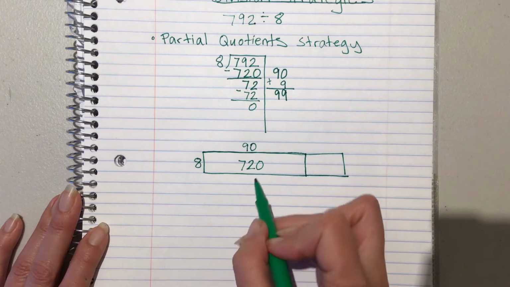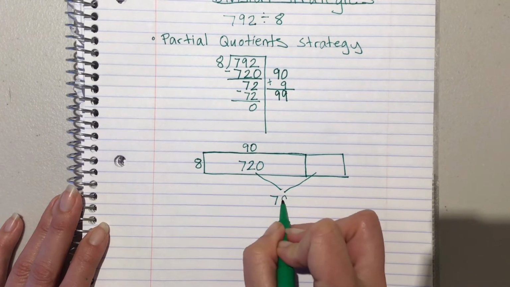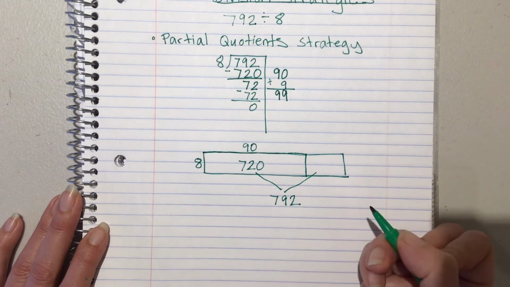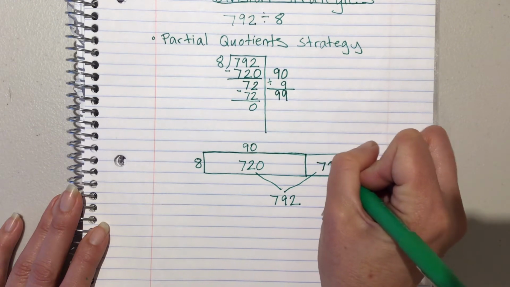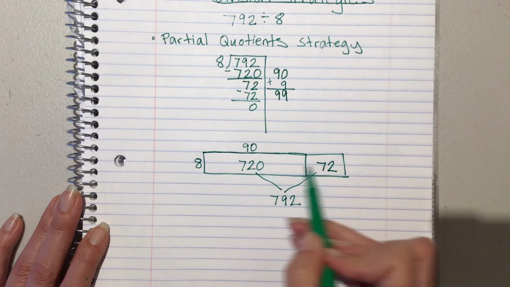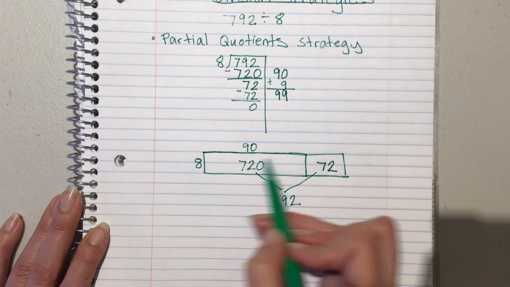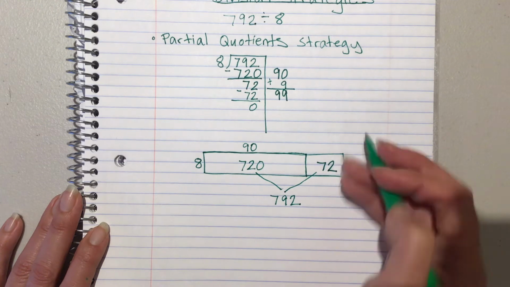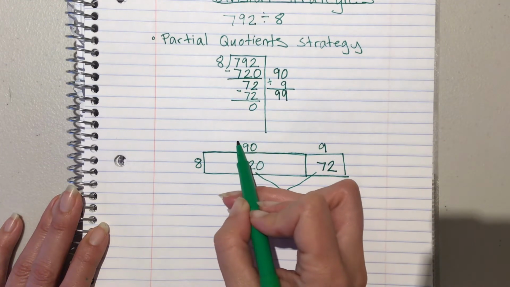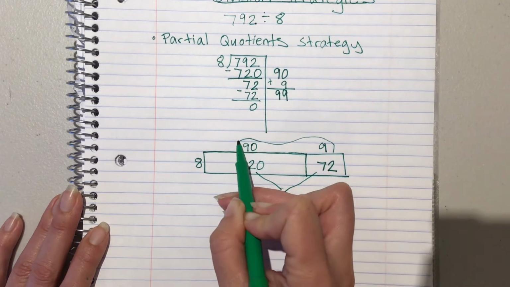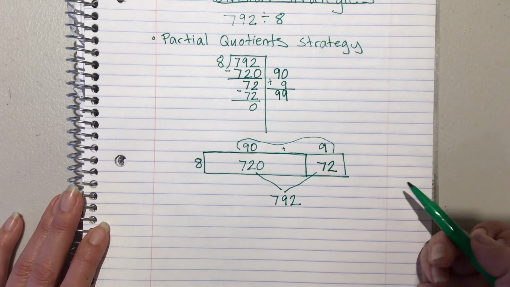Now altogether, this plus this needs to add up to 792, right? So we knew that we would have 72 left over. 720 plus 72 is 792. And so you say 8 times what is 72, and that's 9. And so your answer is these together. 90 plus 9 is 99.